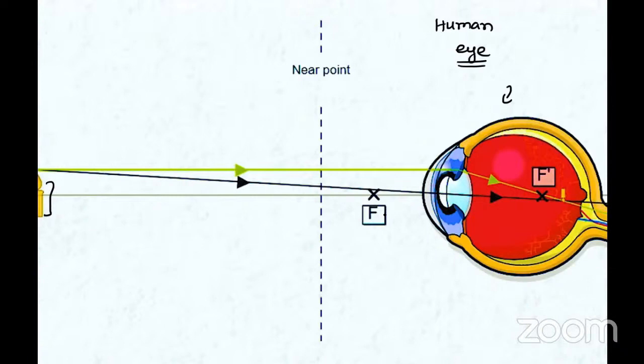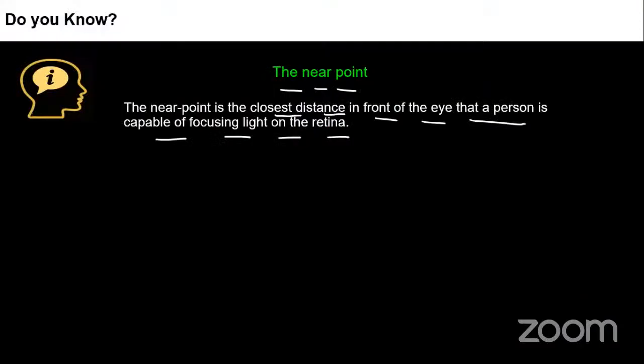If you see this green light, it is able to focus the image properly here. But if you see this black light, it is coming, I mean, if you keep the object somewhat nearer than the nearest distance where it will be able to focus the image, that is known as the near point. The closest distance in front of the eye that a person is capable of focusing the light on the retina.